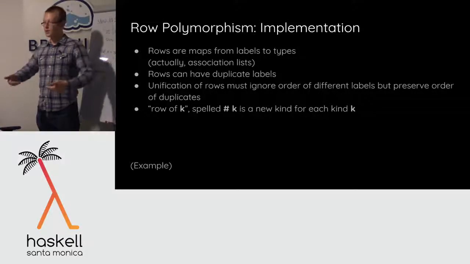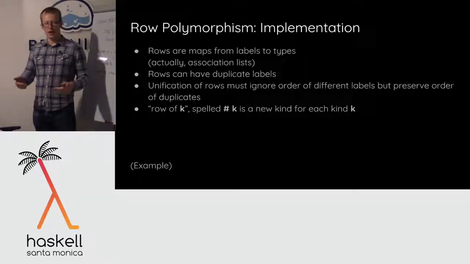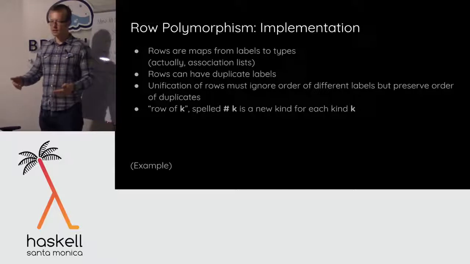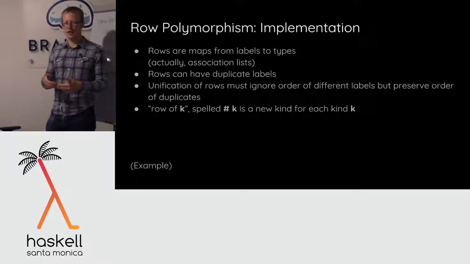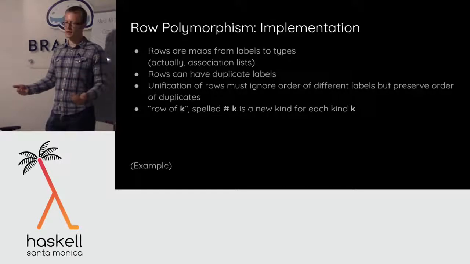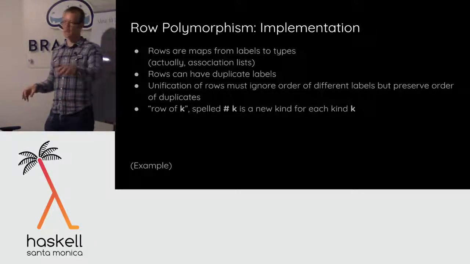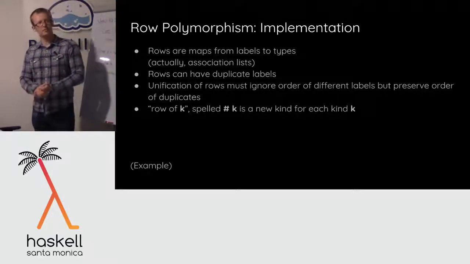You keep them in sorted order, and then you go through both of the rows element by element, and if you see two labels that are the same, then you unify the types that are associated with those labels. If you see one that's in one side but not in the other, then you push that label into the tail of the other one, and hopefully that tail was a type variable or something, right?